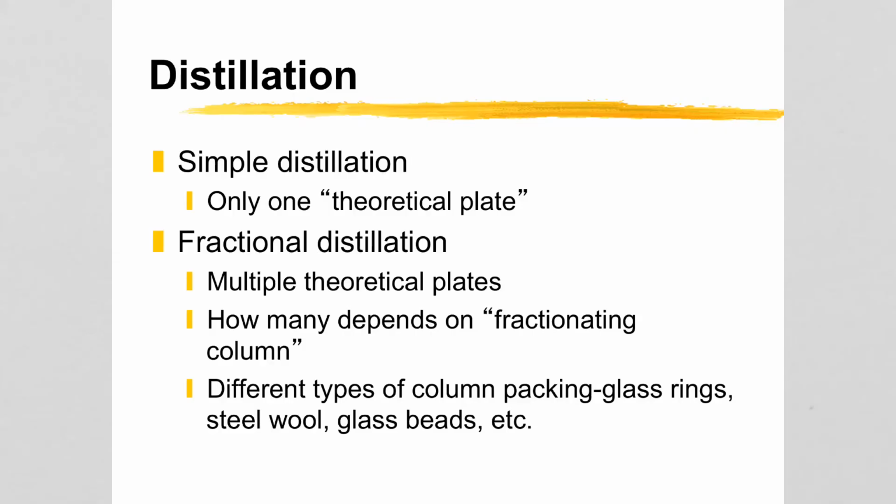As I said, simple distillation has only one theoretical plate, or only one vaporization condensation step. Fractional distillation has multiple theoretical plates, and how many there are depends on the fractionating column. There are different kinds of column packing that you can have: glass rings, steel wool, glass beads.